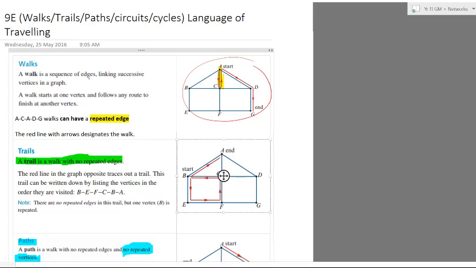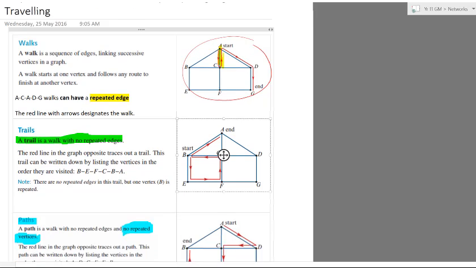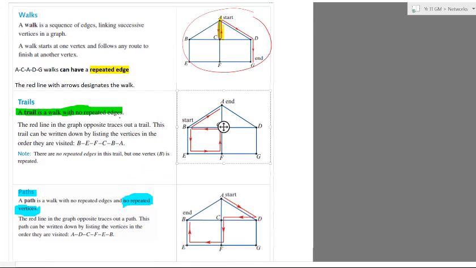It's a sequence of edges linking successive vertices. A trail is a walk with no repeated edges. So you see here, if you start at B, go to E, go to F, go to C, go to B, go to A, then that does not repeat any edge.